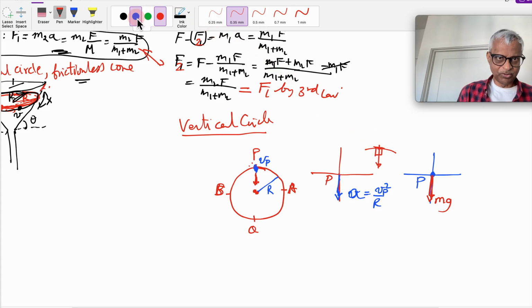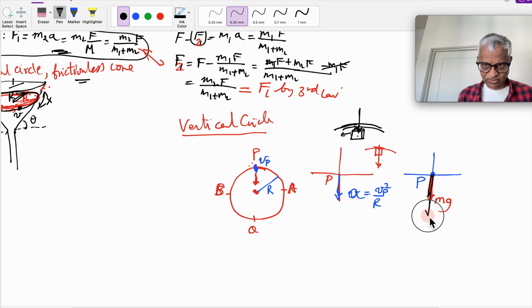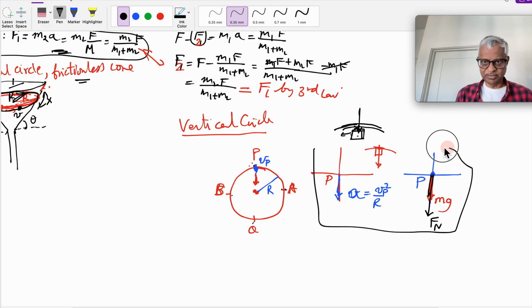Let me draw it a little bit bigger. So here's a track, and it's moving like that. So that's the surface. This thing is pushing down on it. The track is pushing down when it's over there. So the normal is pointed down like this also. The normal will be different at different places, okay? So we're just talking about P. So at P, this is the situation, acceleration is that.